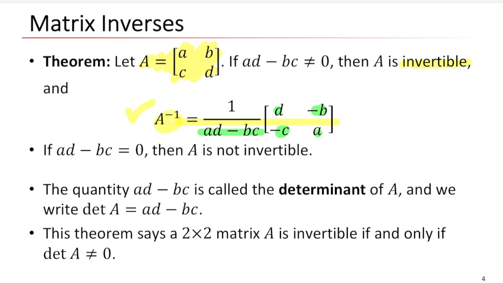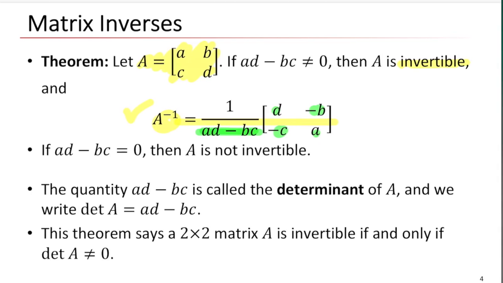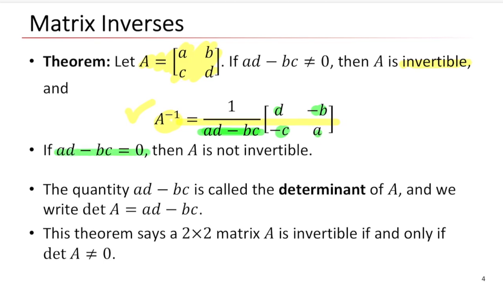In this case, if AD minus BC is 0, the inverse doesn't exist, so we can say that A is not invertible. If AD minus BC is not equal to 0, then A is invertible. This is very easy.